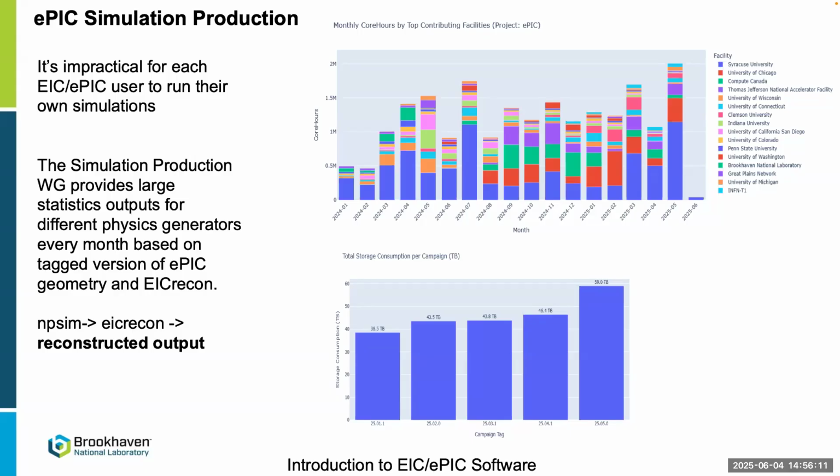So that's why we need our simulation productions. Another benefit of having the centralized production is that you have uniformity across the collaboration. Different people are not using different things. Everyone knows that it was run with this particular configuration. So you have the benefit of reproducibility, and that's very important in science. You should be able to reproduce your results, even if it's simulation results.